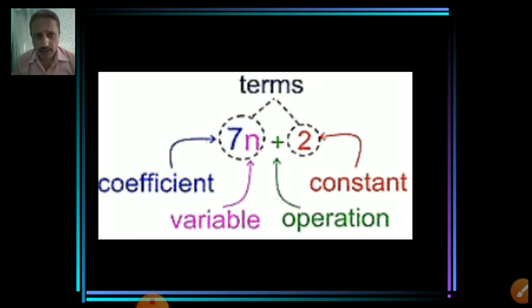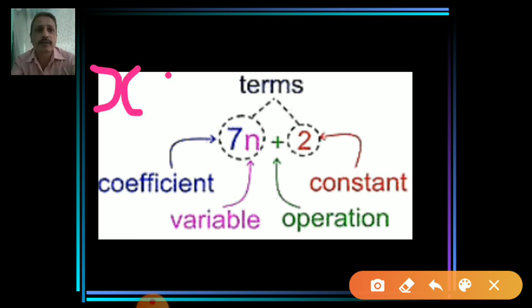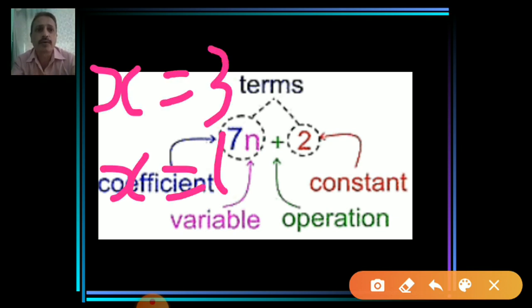You understood the meaning of variable and constant? Vary means different. It changes its value, not fixed. Suppose I write here x is equal to 3, x is equal to 4, x is equal to 2.